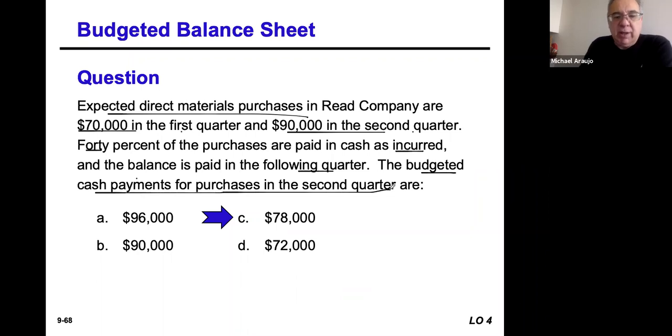Well, in the second quarter, they had $90,000 of purchases. 40% of that is paid in cash, so you take 40% of that, and that's the beginning. And then the other 60% of the prior quarter's purchases is also going to be paid. And that's where you get the $78,000. 40% of 90 plus 60% of 70 is your 78,000.